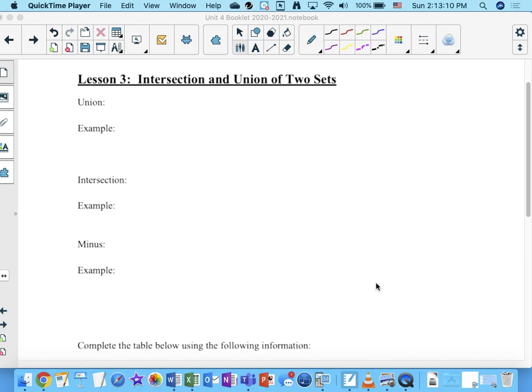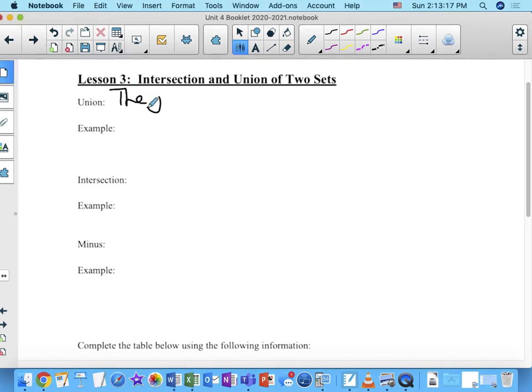The union of two sets is when we join two sets together. Okay, so the joining or merging of two sets.